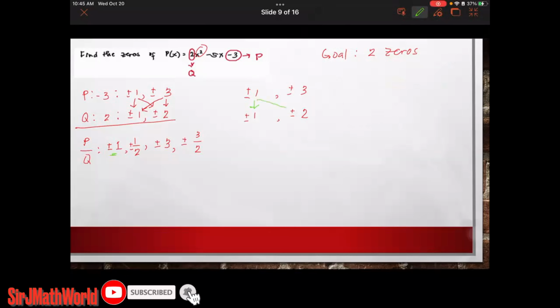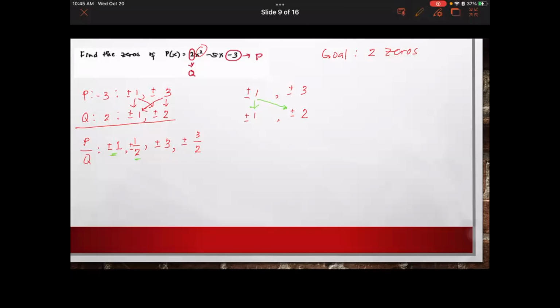Tapos, 1 divided by 2, hindi siya fraction na mapapasimple, kasi 1 over 2, kaya naging 1 half siya. The next is 3 divided by 1 is positive and negative 3. Then, 3 divided by 2 is 3 over 2. Hindi na siya ma-simplify, kaya 3 over 2 pa rin siya. Okay na? Nakuha po ba? Okay, so let's proceed.